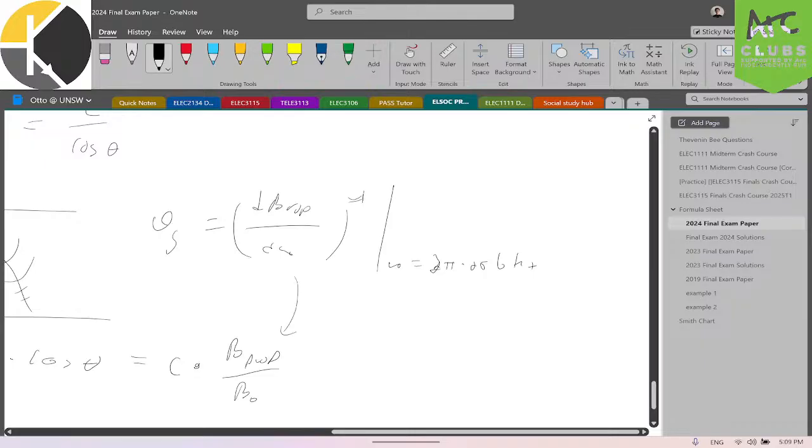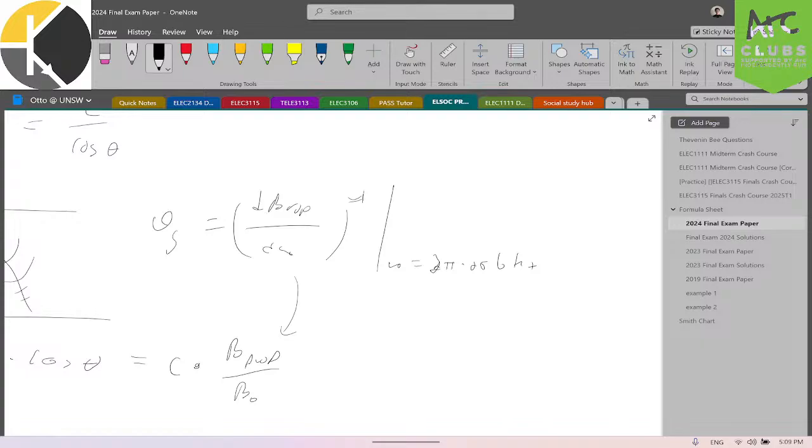So if you draw like this, this is your frequency, and this is your Fc. You draw both Vg and V phase as a function of frequency.